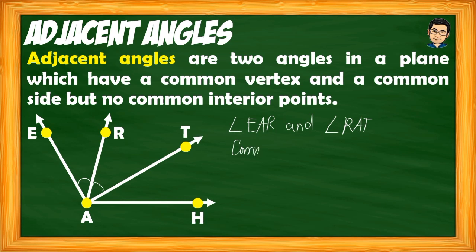Yung common vertex po nila is point A. As you can see, sa EAR tsaka RAT, yung nasa gitna, yun po yung tinatawag na vertex ng angle. Yung vertex po ng angle ay naka gitna po, of course. And then, yung common side naman nila is AR. Common side nila is AR.